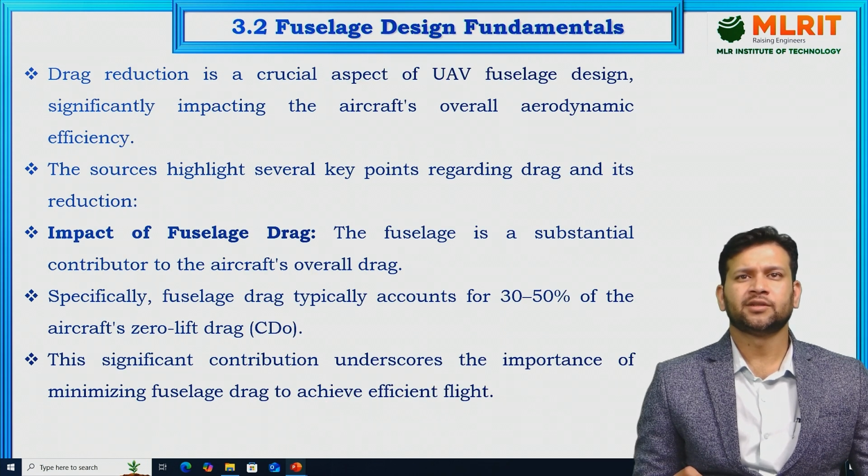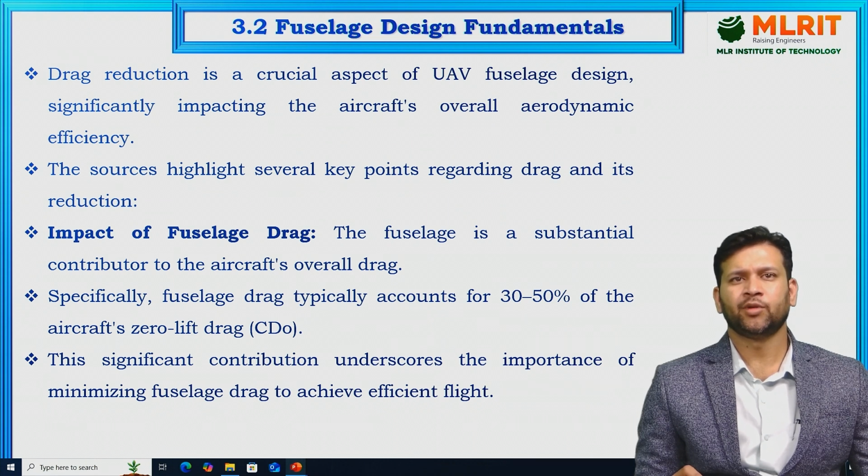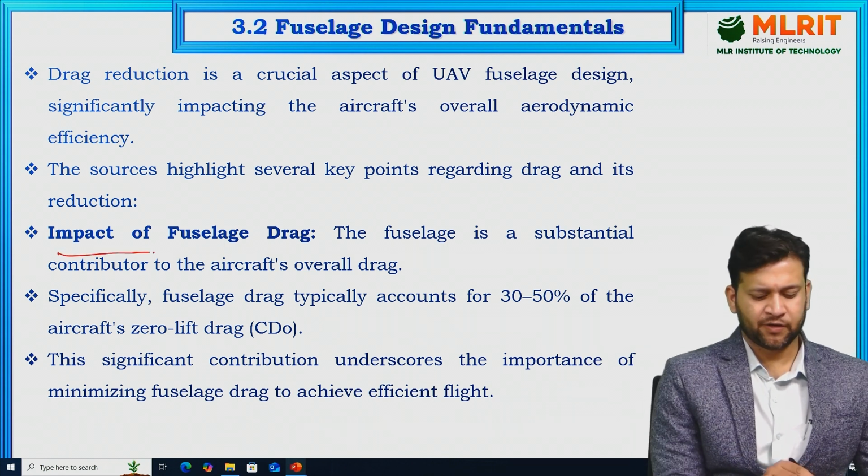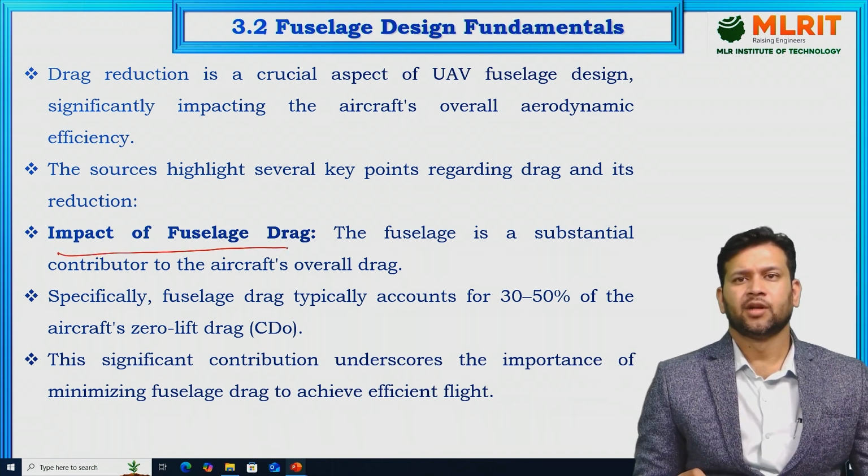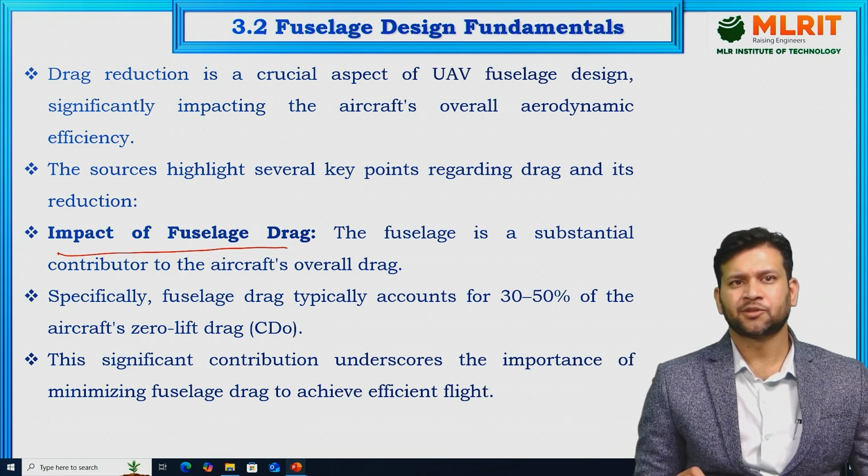Drag reduction is a crucial aspect of unmanned air vehicle fuselage design, significantly impacting the aircraft's overall aerodynamic efficiency. The sources highlight several key points regarding drag and its reduction. Impact of fuselage design: the fuselage is a substantial contributor to the aircraft's overall drag.